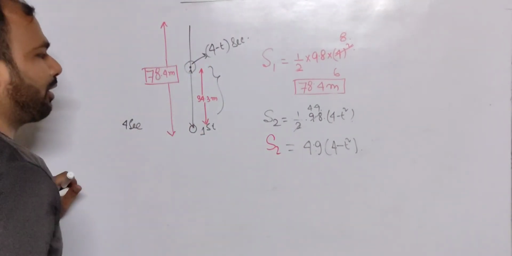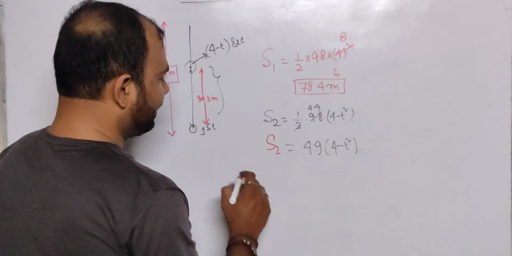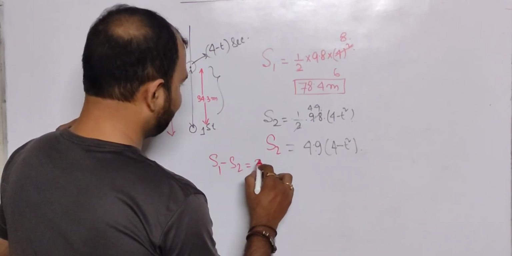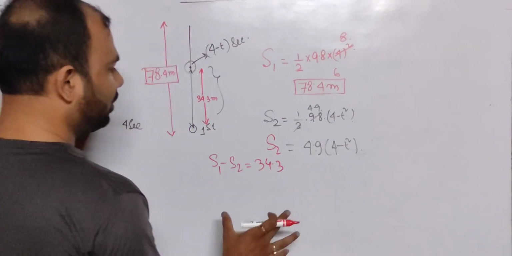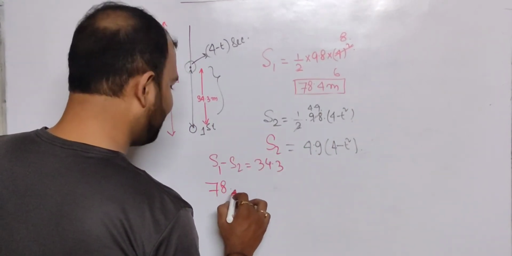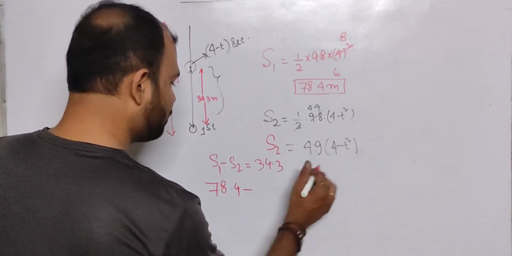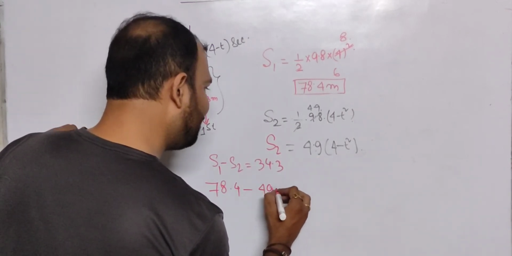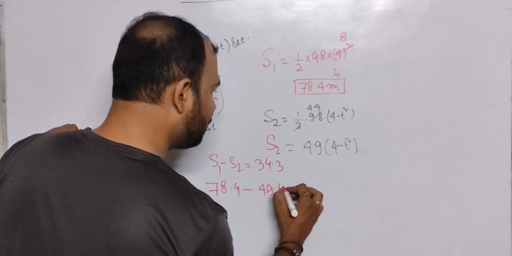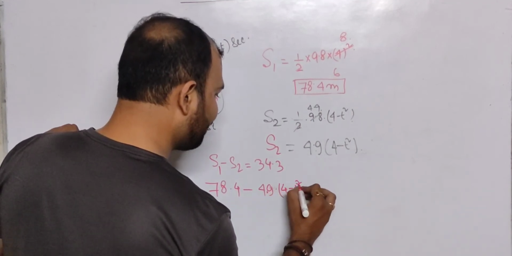What is 34.3? That is S1 minus S2. S1 is 78.4. What is S2? 4.9 into (4 minus t) square.